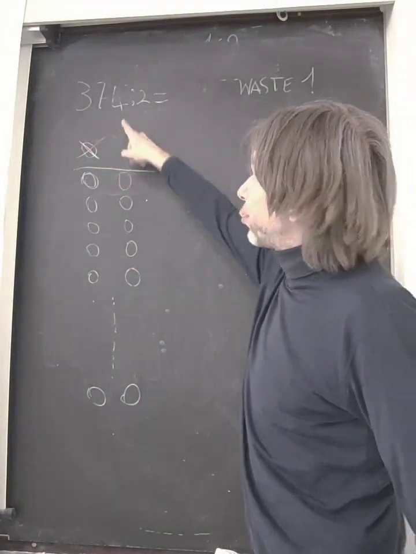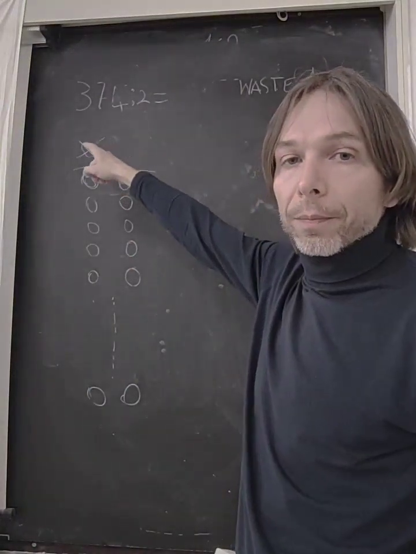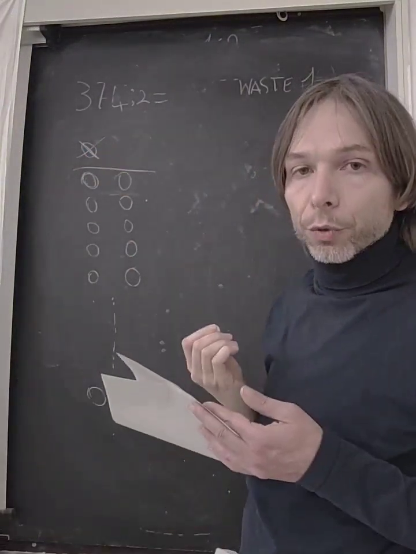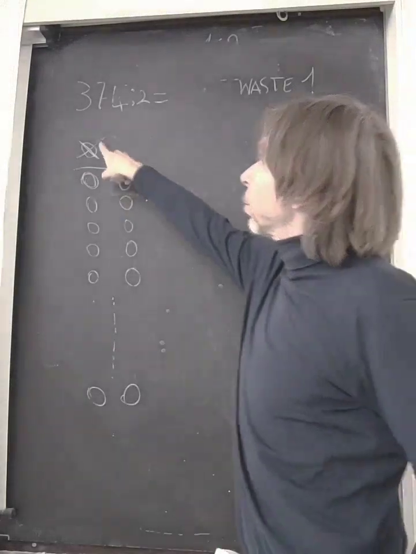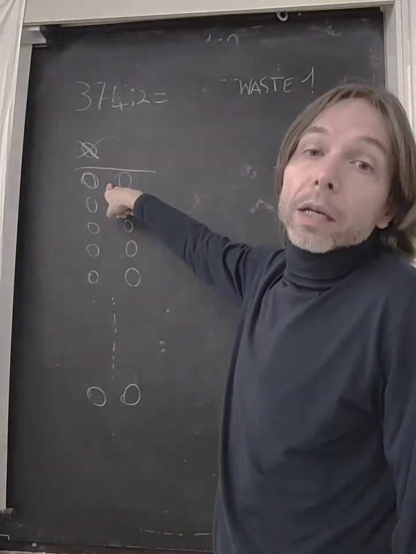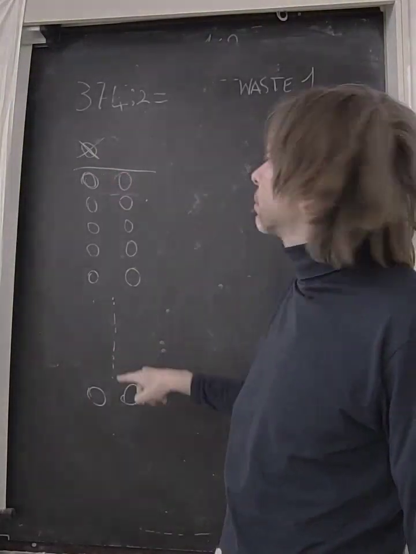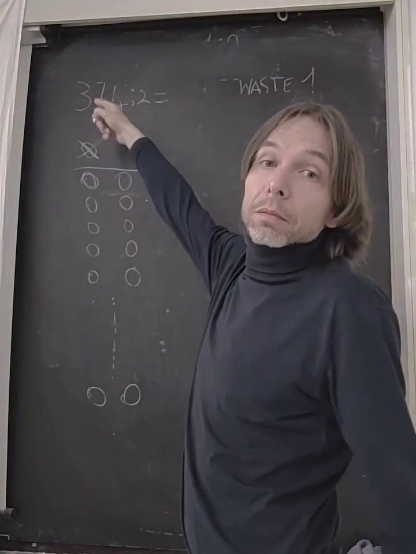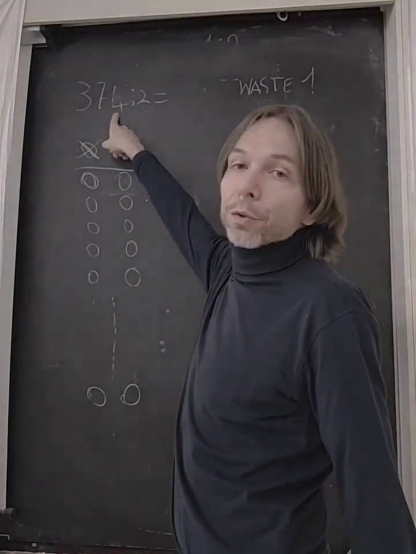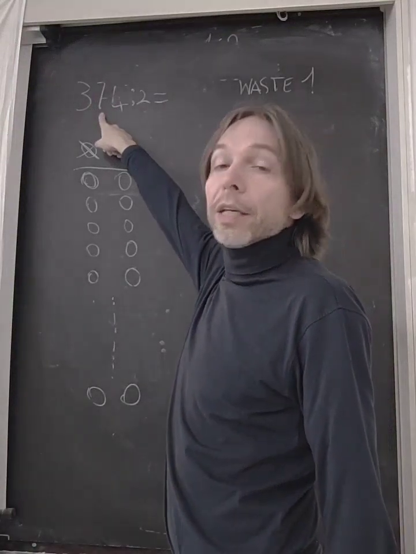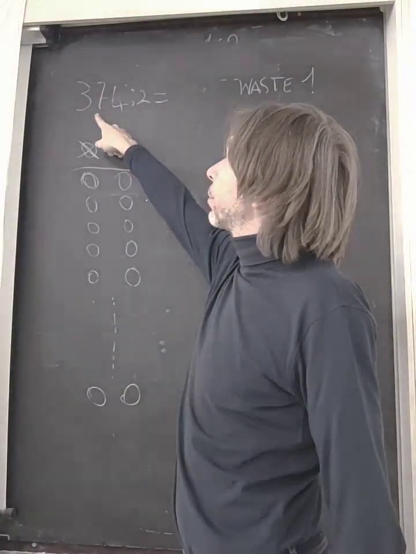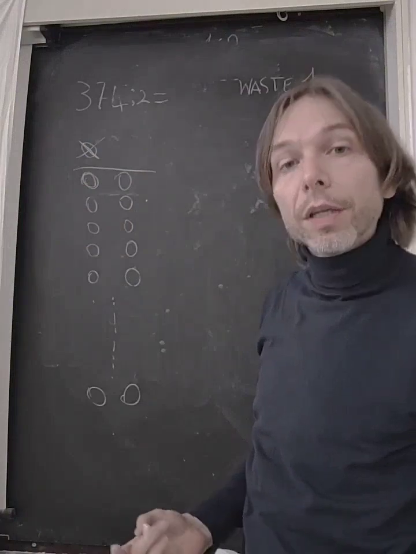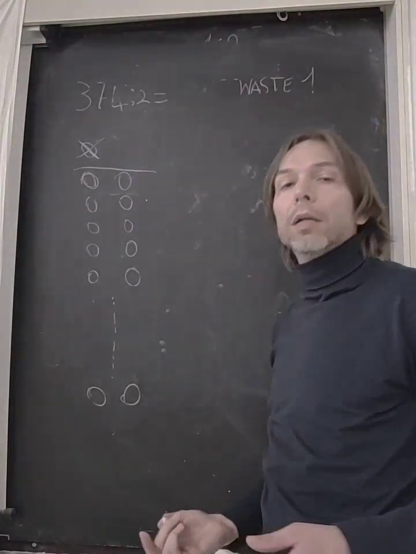And it's sure that an odd number less a unity will be an even number. And it's easier to divide an even number by 2. 374 is easy to divide by 2.